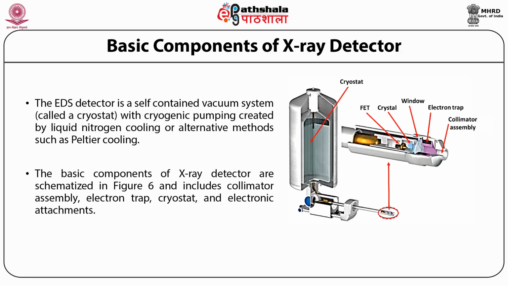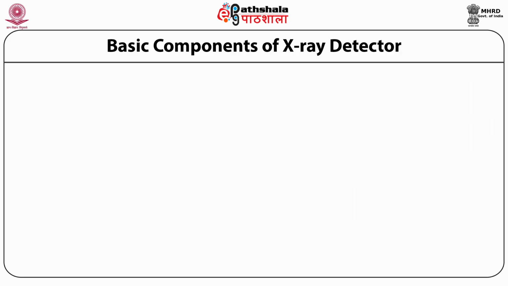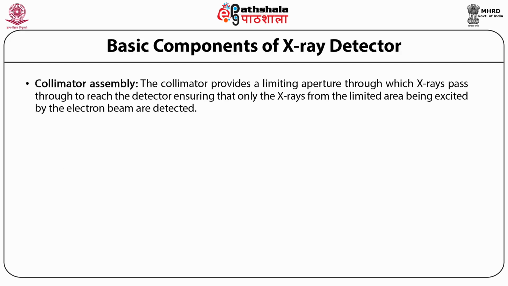The basic components of X-ray detectors are schematized in figure 6 and include the collimator assembly, electron trap, cryostat and electronic attachments. First, the collimator assembly.